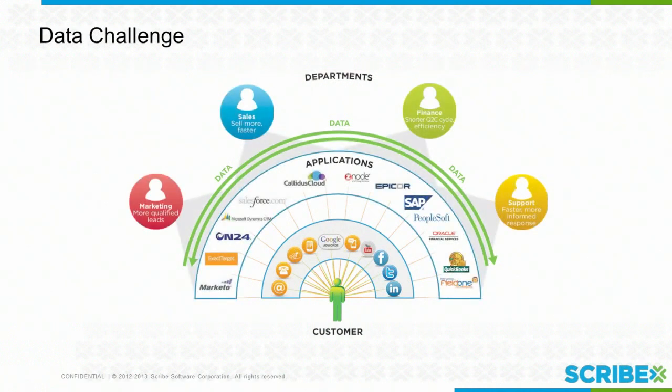So no matter what kind of business you're in today, what industry or what size company you work for, there's a common data challenge that everyone's facing, and that is, how do you get the relevant information about your customers to the right person at the right time so that that person can do his job effectively and make good decisions?